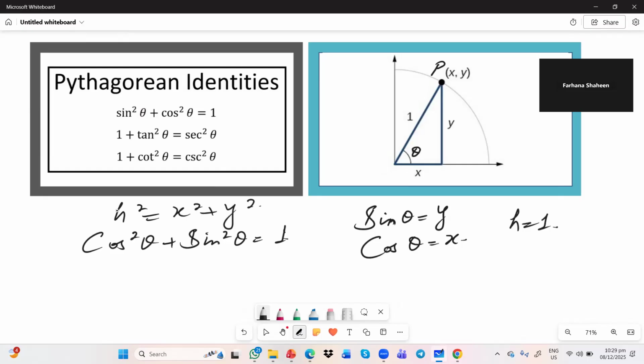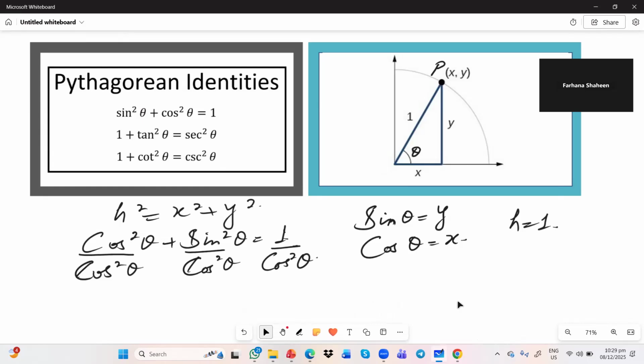Now what if we divide both sides by cos square theta? Using the reciprocal identities and the quotient identities, this will convert to 1 plus tan square theta is equal to secant square theta.